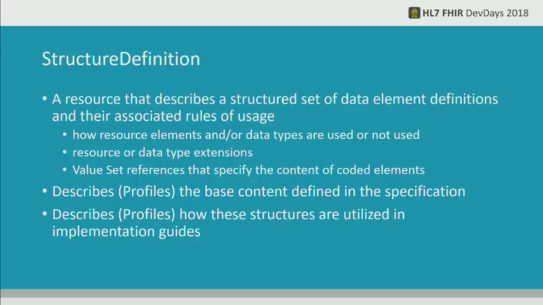The base FHIR specification by itself is pretty open. There's a lot of optionality. If you know your cardinality rules, there's a lot of zeros all over the place. Because the base FHIR specification is the starting point. So you want to generate implementation guides where you then put further constraints based on your use cases. So that would be for your exchange of data.